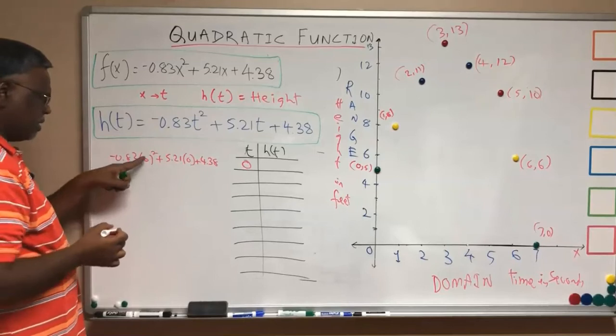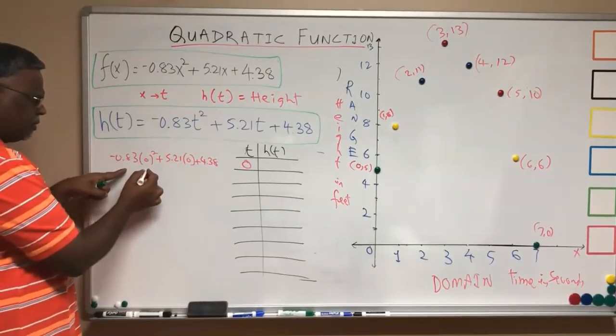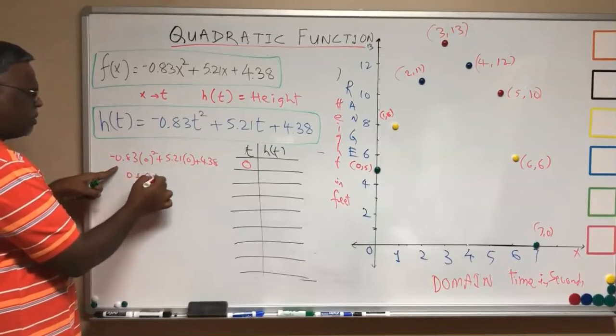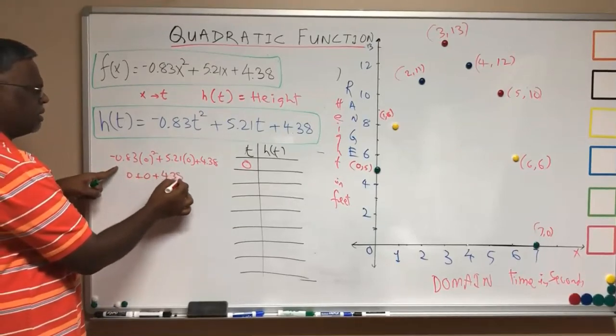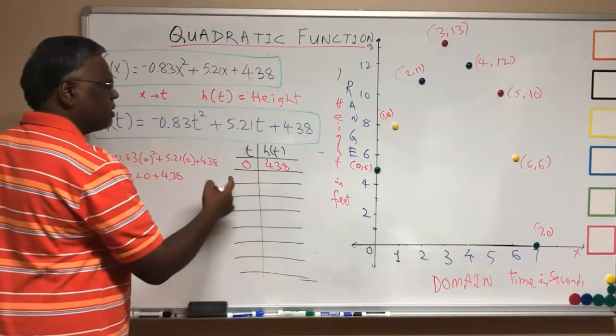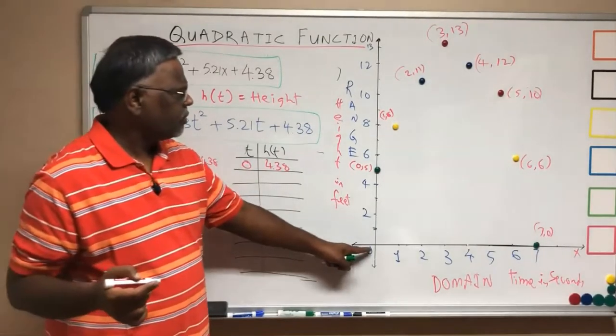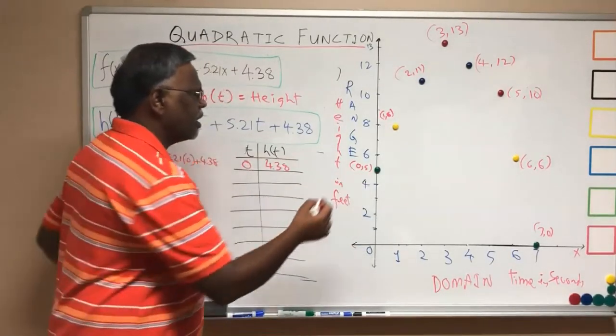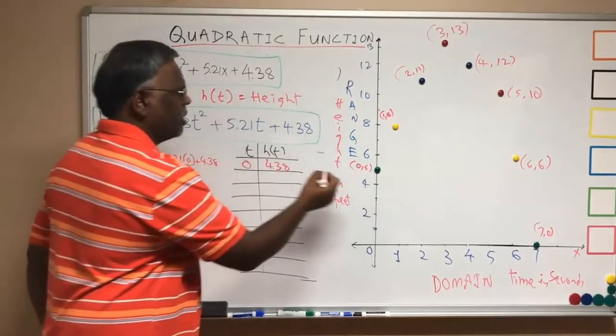So what is this whole thing? This becomes 0. 0 times anything is 0. This is also 0. 0 plus 0 plus 4.38 is 4.38. So when x is equal to 0, your y is not 5, but it is something like 4.38.